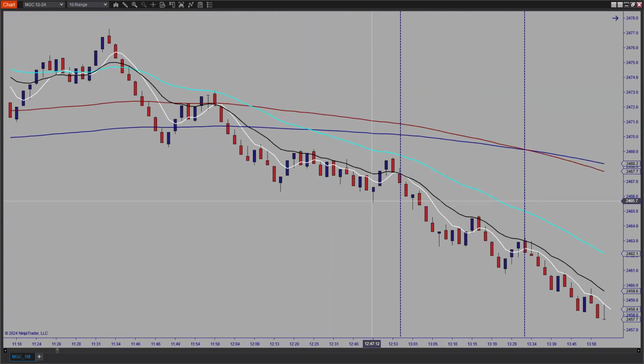So what are we talking about with higher highs and lower lows? Let's go through it. I'd love to be able to draw with my drawing tool, but this candle made a higher high, then this candle made a higher high than this candle.